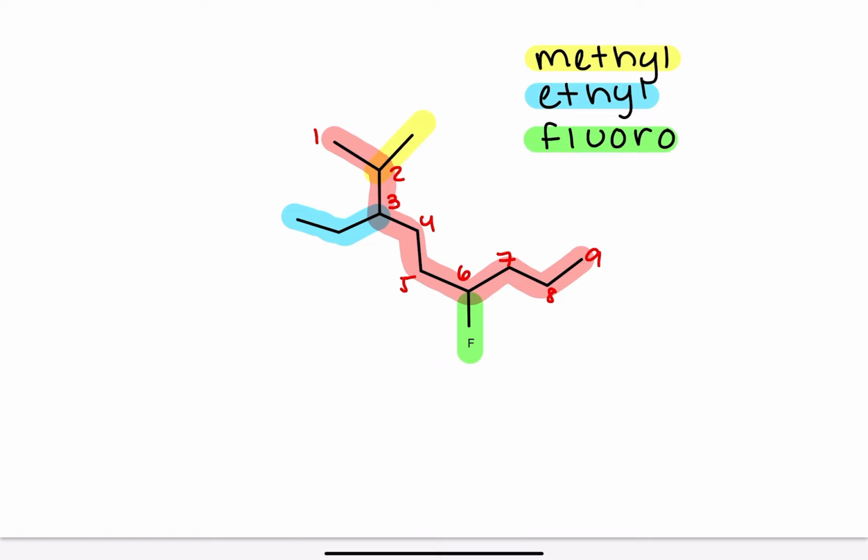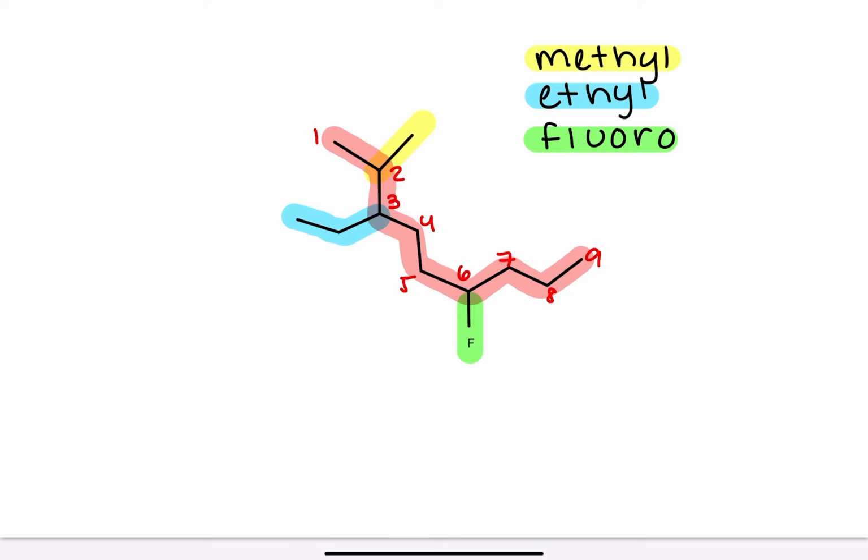Step 4 is to designate the location of each substituent group by an appropriate number and name. We have already named our substituents, so all that's left to do is designate a locant to each one. The locant will be the number of the carbon within the continuous carbon chain that the substituent is directly branching off of.